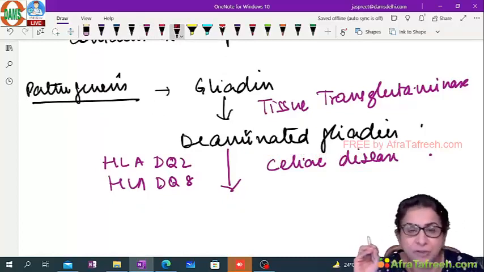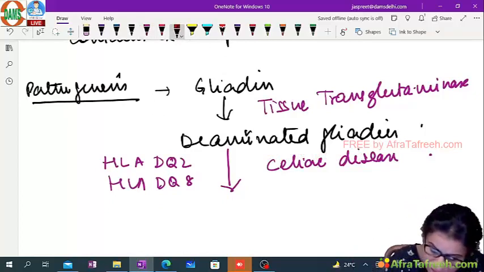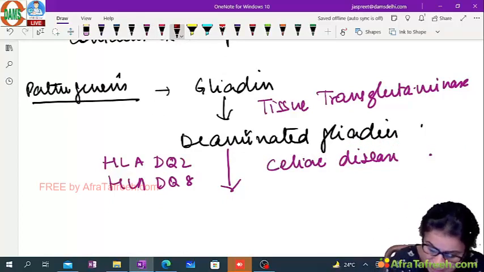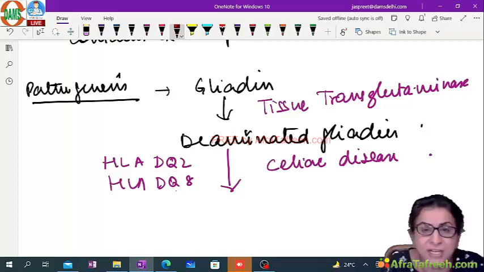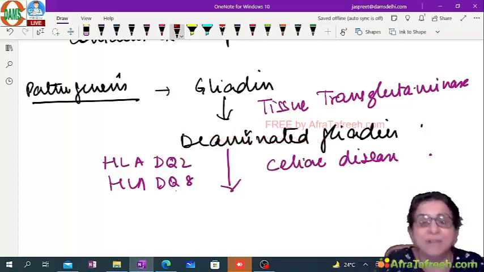These patients have HLA-DQ2 and DQ8. With the help of HLA-DQ2 and DQ8, antigen presenting cells present this deaminated gliadin to T helper 1 cells.